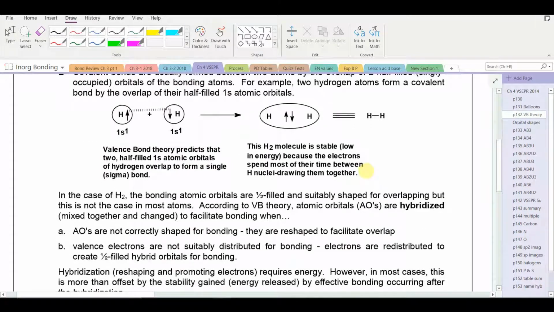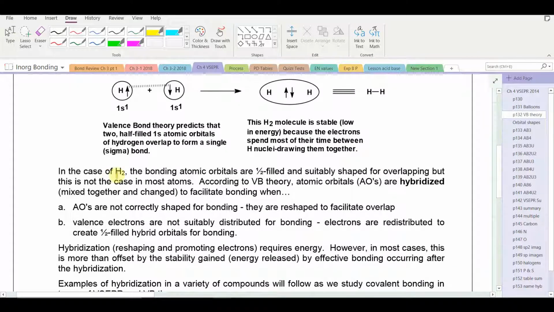Now in the case of hydrogen, the bonding atomic orbitals are half-filled, and they're suitably shaped to overlap, but this is not the case for most atoms. According to valence bond theory, atomic orbitals are hybridized or mixed together and changed to facilitate bonding whenever the atomic orbitals are not correctly shaped for bonding, so they'll be reshaped to facilitate overlap.